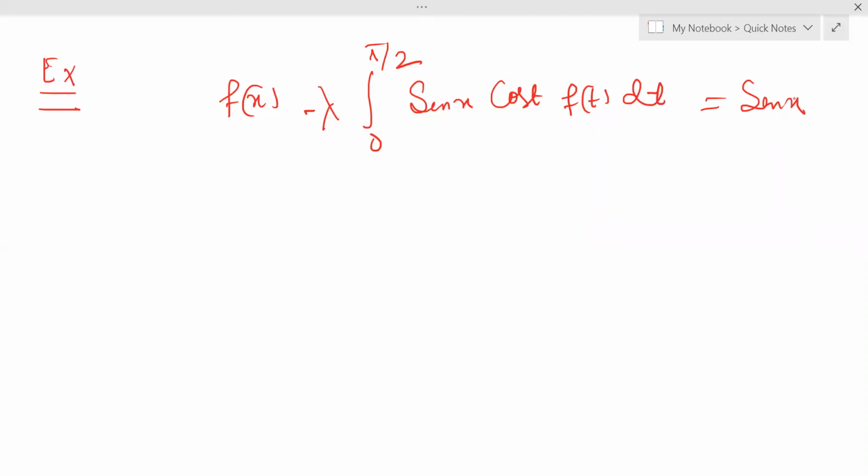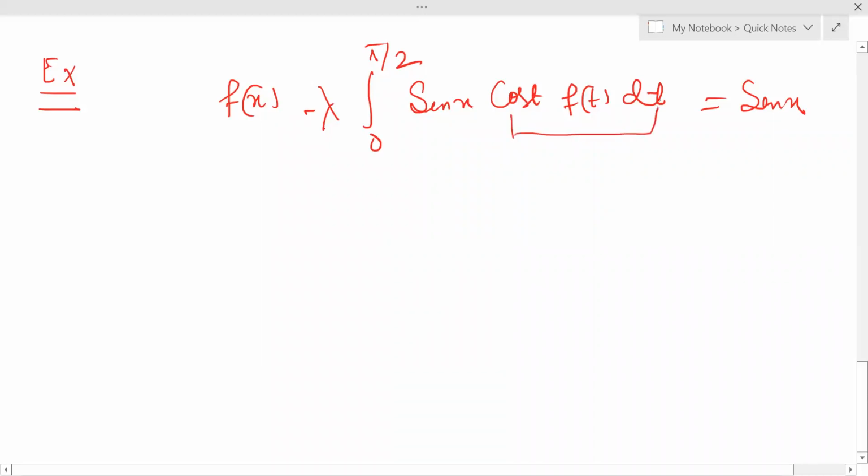First of all, we consider the integral of cos t f(t) dt, and call that a. Consider a is equal to the integral of cos t f(t) dt. So what is the integral equation?